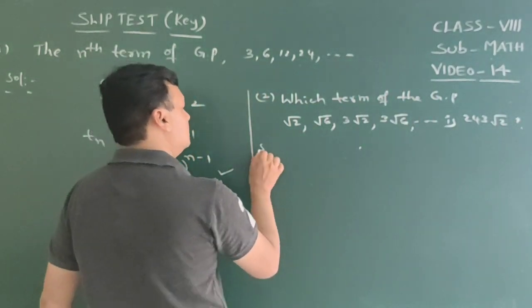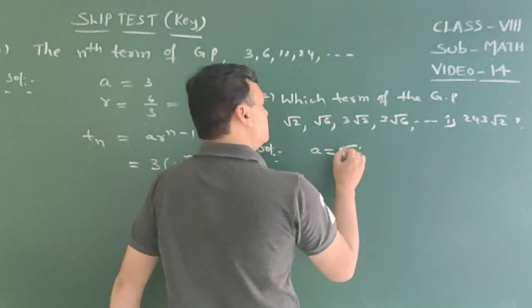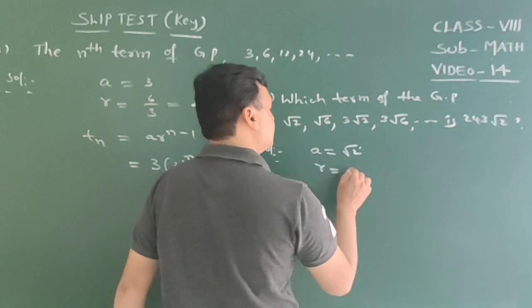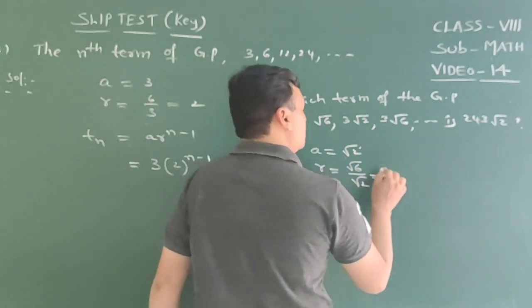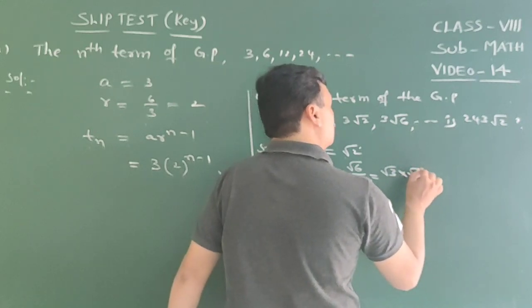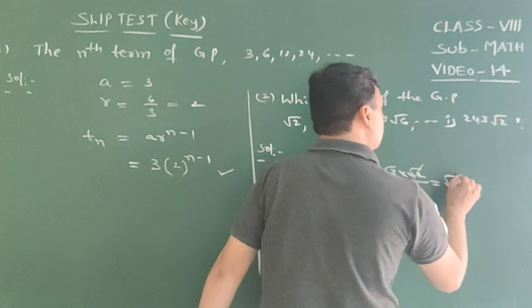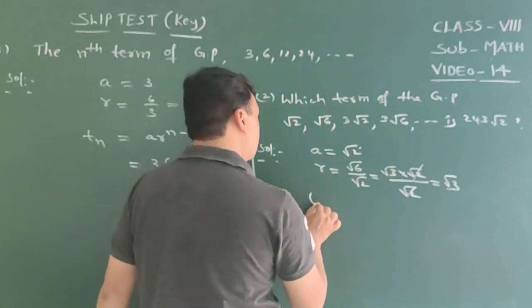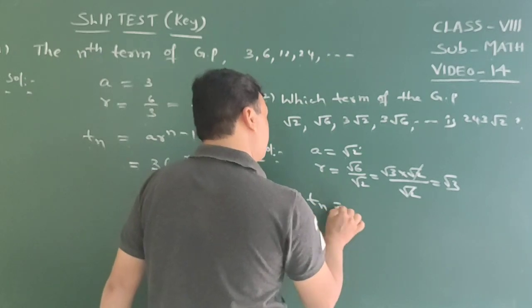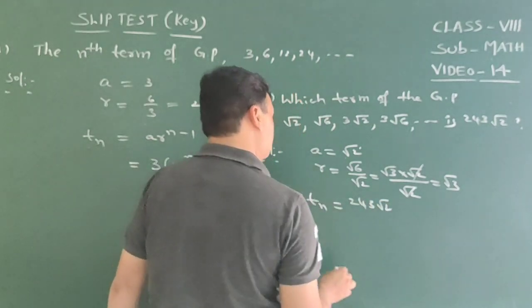They are asking. So here a is root 2, r is root 6 by root 2, which means root 3 into root 2 by root 2. Root 2 gets cancelled, root 3 is r. Here Tn is 243 root 2, they give.